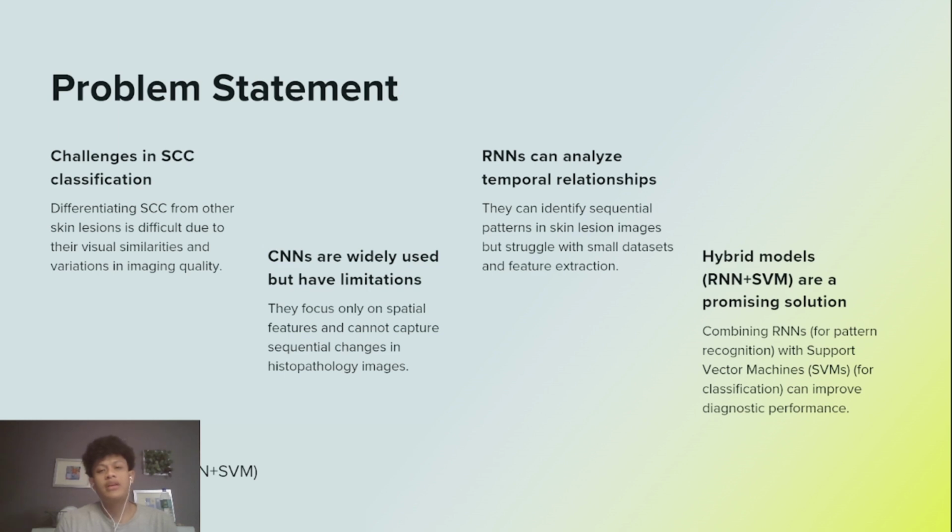The next one is that RNNs can analyze temporal relationships, identifying sequential patterns in skin lesion images, but they struggle with small datasets and feature extraction, which makes it hard to identify anything other than sequential patterns in our images. And the last one is that hybrid models, RNN plus SVM, are a promising solution. Combining RNN for pattern recognition with support vector machine, SVM, for classification can improve diagnostic performance.